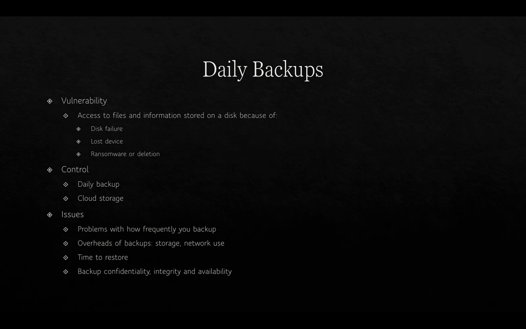So using daily backups, this actually tries to address the vulnerability, which is that we lose access to files and information stored on disk because of disk failure, a lost device, or through ransomware or deletion. So to control against that vulnerability, we do daily backups, or we might back up to the cloud.